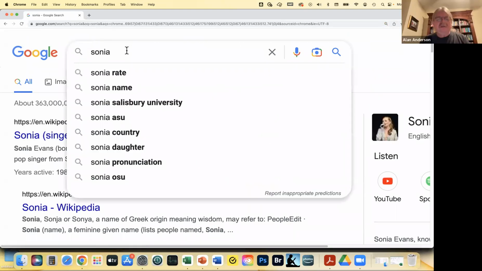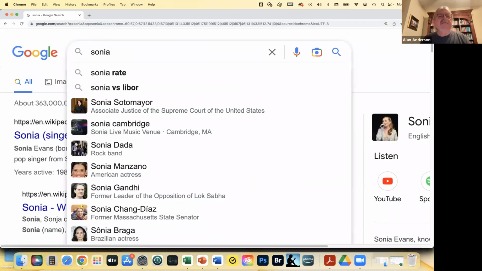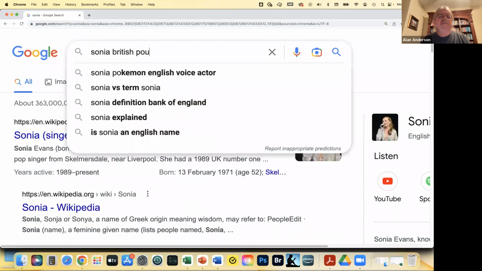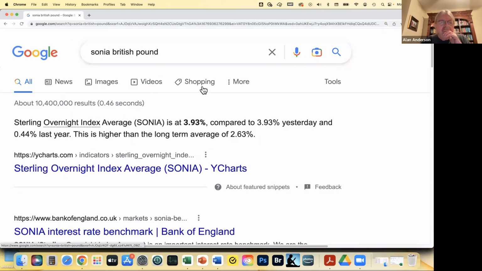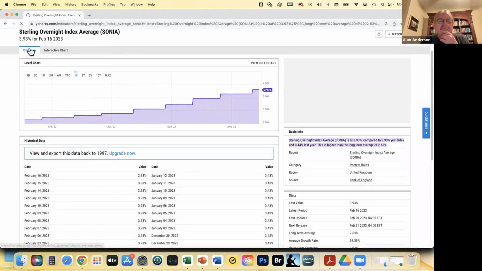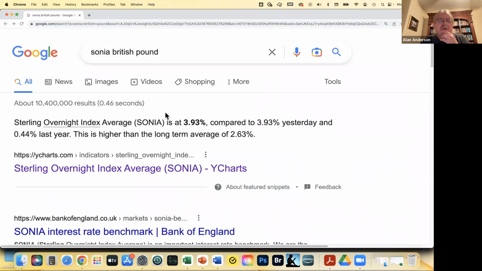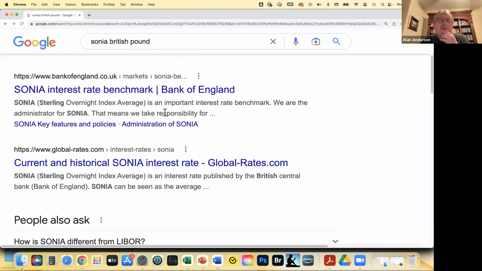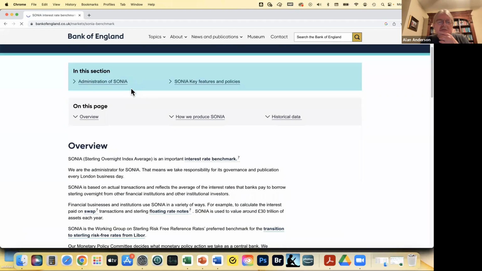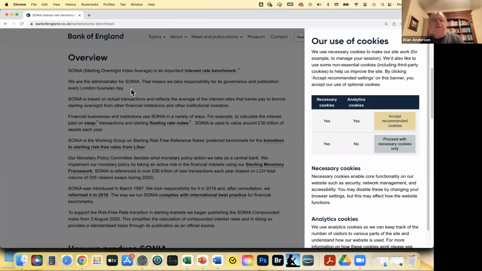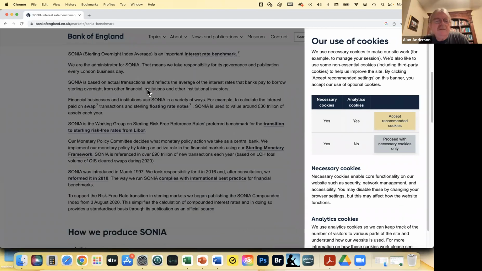There it is, sterling overnight index average. This would be the one that they're going to use, or if you have euro sterling, then you're going to earn the Sonia rate instead of what in the past would have been called British pound LIBOR.